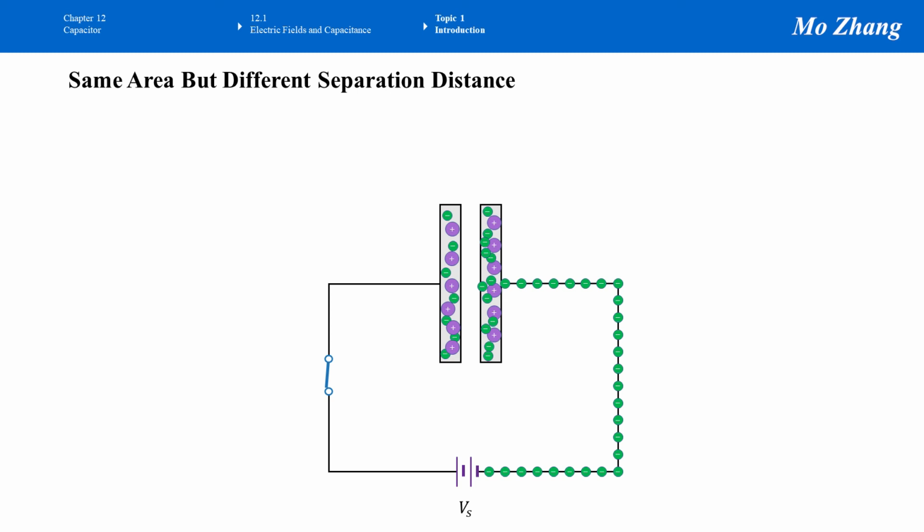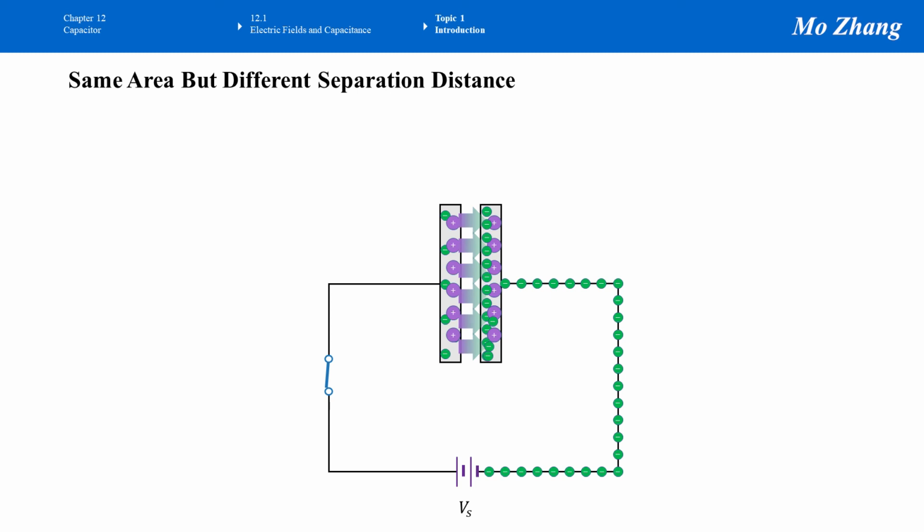So once electrons enter a plate, such as here, the plate on the right-hand side, these electrons attract the protons from the other plate. At the same time, these electrons push the electrons on the other plate. The protons on the other plate are closer to these electrons than the electrons on the other plate, so the attraction force is stronger.